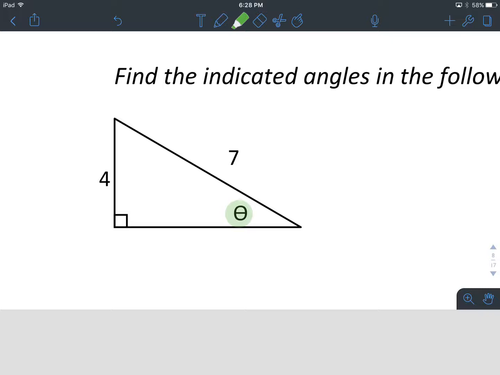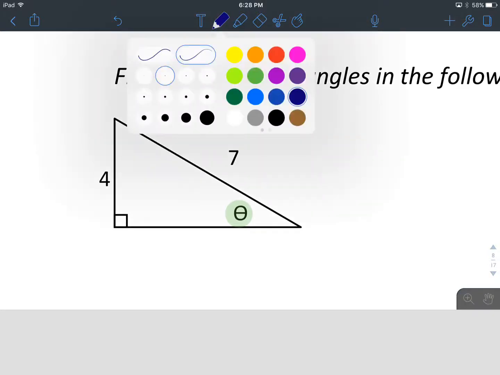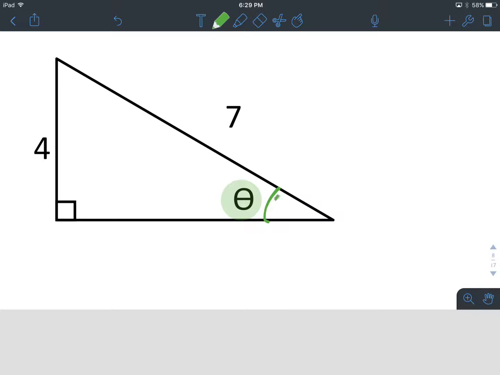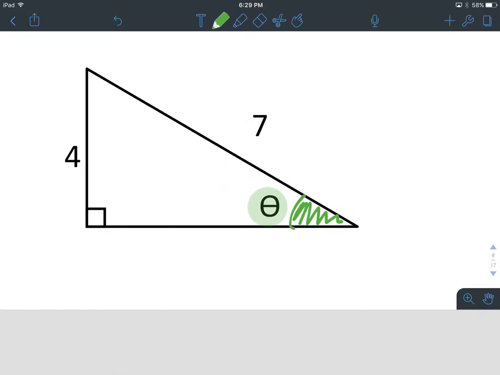How can we use these two sides to help us find it? That's a good question. Let's start by labeling all three sides of our triangle given this reference angle. We take the angle that we want to find as our reference angle. From my reference angle, I recognize that I have the hypotenuse, which is across from my 90 degree angle, and I also have my opposite side, which is across from my reference angle.